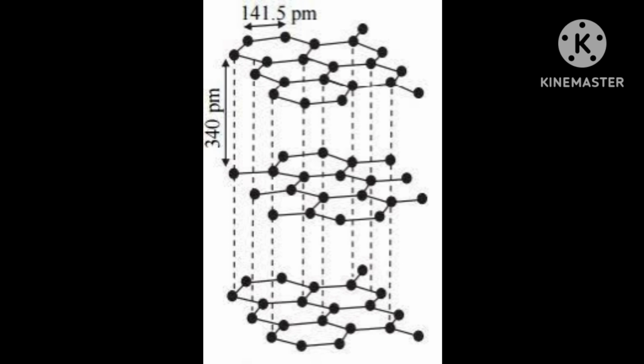This is the first important thing: all lengths will not always be equal in all structures. And the second important thing, angles will also not always be 90 degrees. They may differ. Length and angles will vary in different structures.